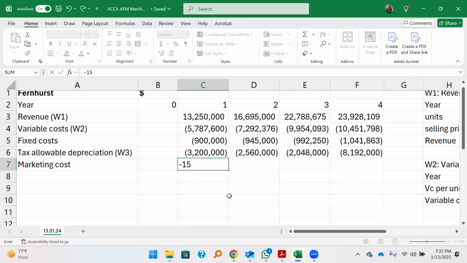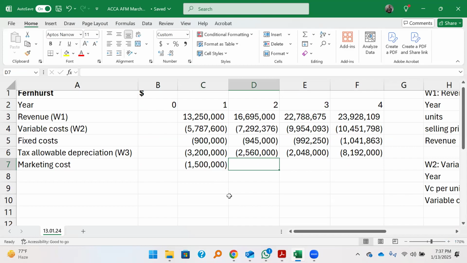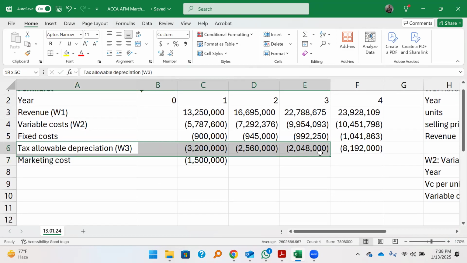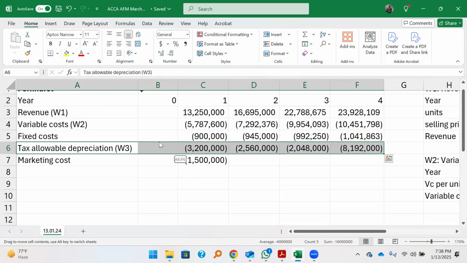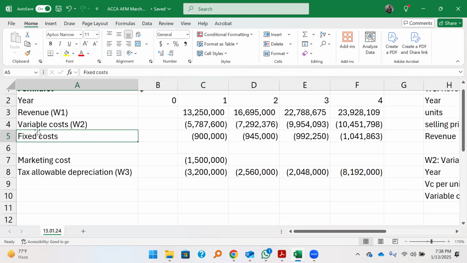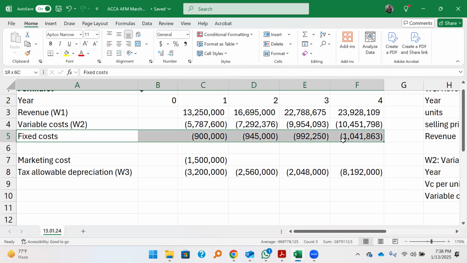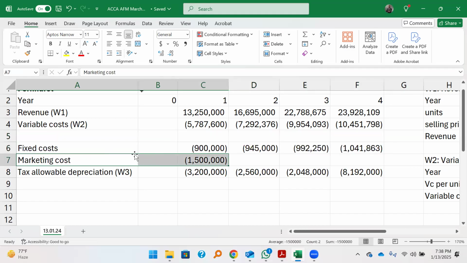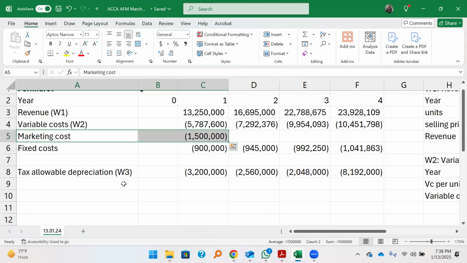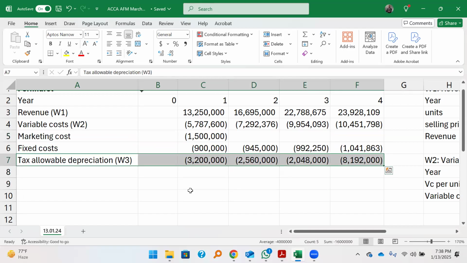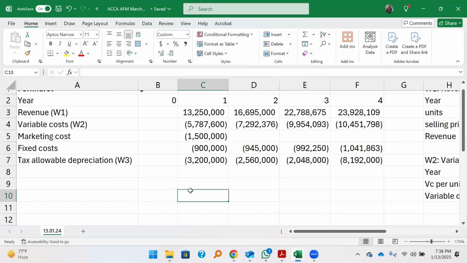So sometimes you find that the best way to do this is to have the marketing cost, like I'm just rearranging it a little bit, put the marketing cost up. It doesn't really affect your computation. I'm just showing how most people do it.